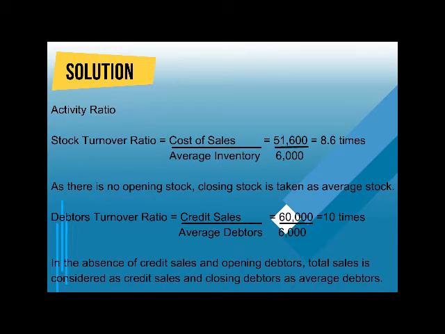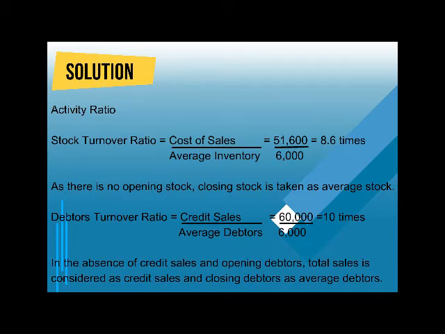As there is no opening stock, closing stock is taken as average stock. Debtors turnover ratio equals credit sales divided by average debtors, equals 60,000 divided by 6,000, equals 10 times.